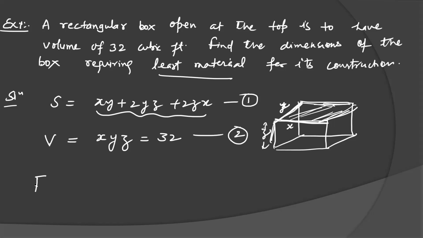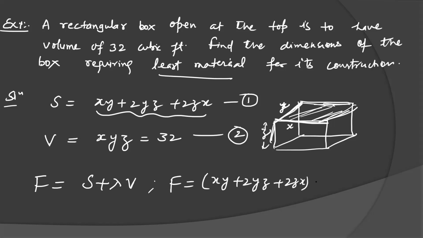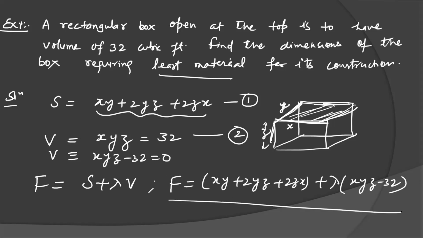So what will be the capital F? Capital F will be S plus lambda V. Or you can write F equal to xy plus 2yz plus 2zx plus lambda (xyz minus 32), because we have to make V like this, xyz minus 32 equal to 0. Now this is your capital F. This is step 1. Now we will find step 2, del F by del x.